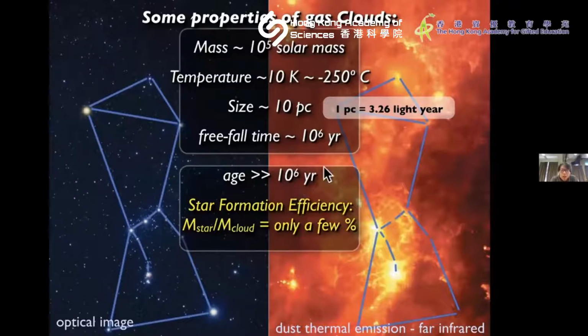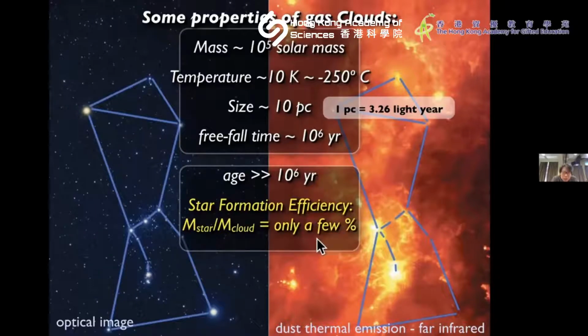And if we calculate the stellar mass within this map and compare it to the mass of the gas cloud, stars are only a small fraction of the total mass of the cloud, which means that they're certainly not going through free fall. There must be another force against gravity, against this gas falling together.